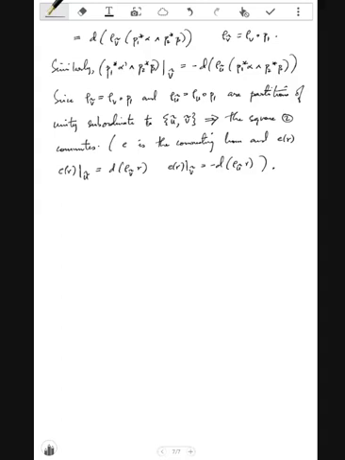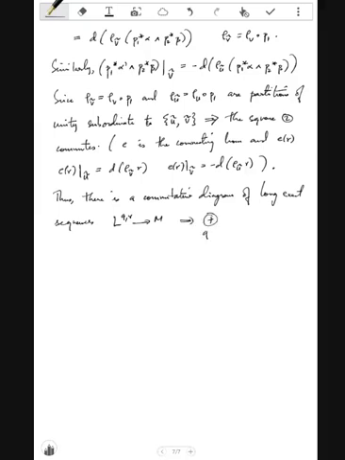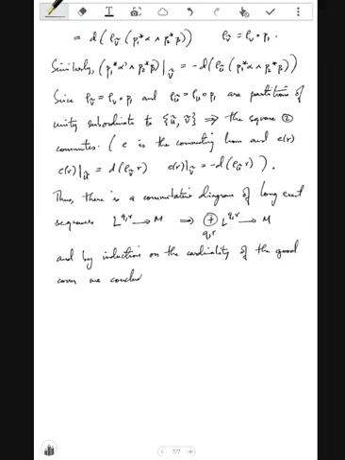So thus there is a commutative diagram of long exact sequences L(q, r) to M, and now we just take direct sum over q and r, so this implies L to M, and by induction on the cardinality of the good cover, we conclude that the Künneth formula holds.